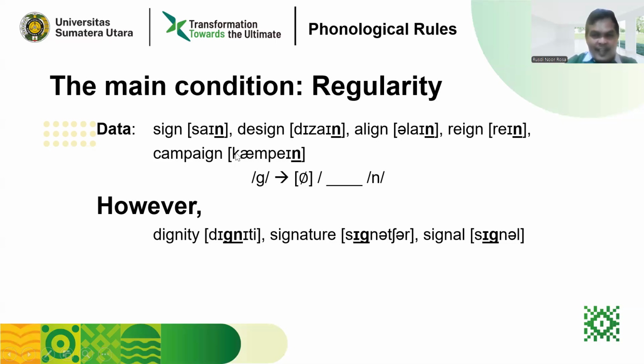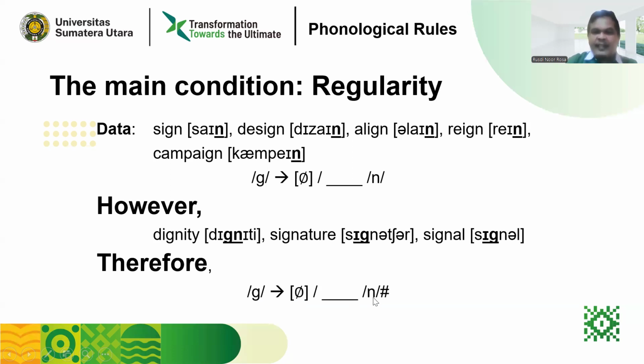So we need here a notational device. What is it? We need a word boundary. Therefore, we can reformulate the rule. For this case, we can formulate the new rule. So we have now G becomes nothing, or G is deleted. G is removed whenever G is located before N, and it is the final sound of a word.